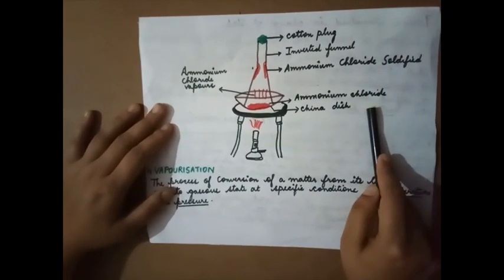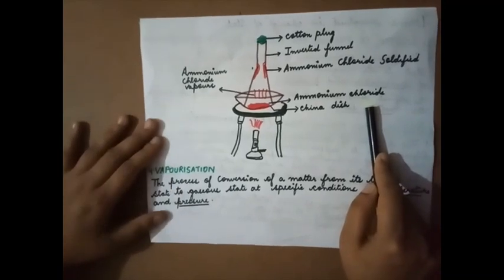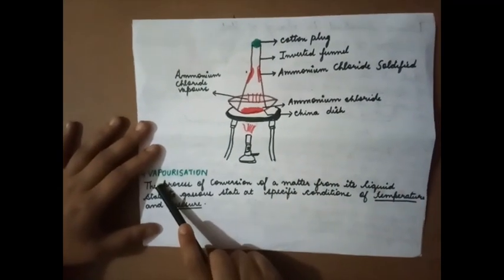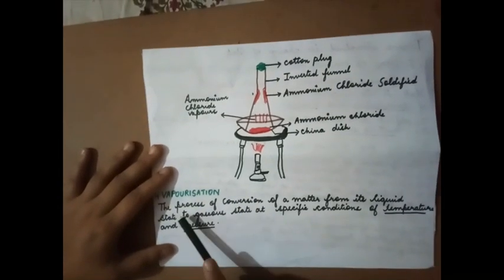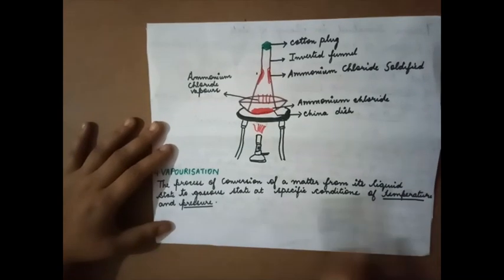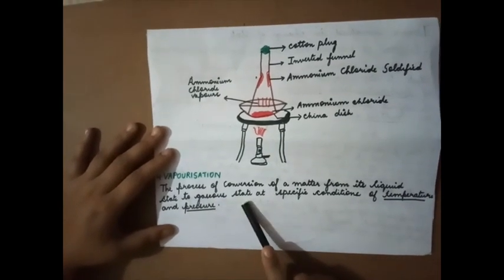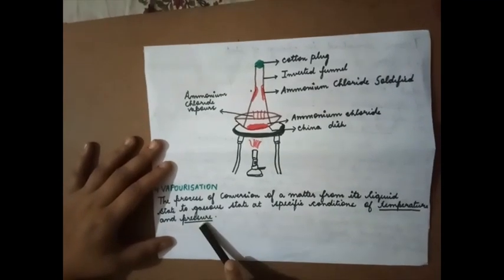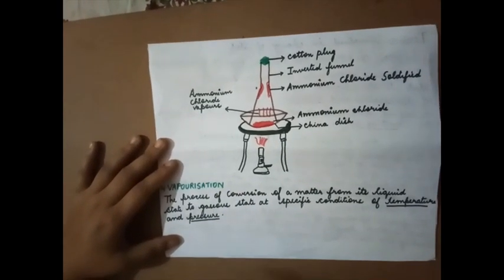You don't have liquid states seen in them. This is with respect to sublimation. Next, moving on to vaporization. The process of conversion of a matter from its liquid state to gaseous state at specific conditions of temperature and pressure is known as vaporization.